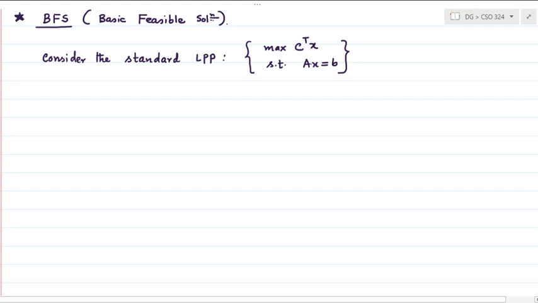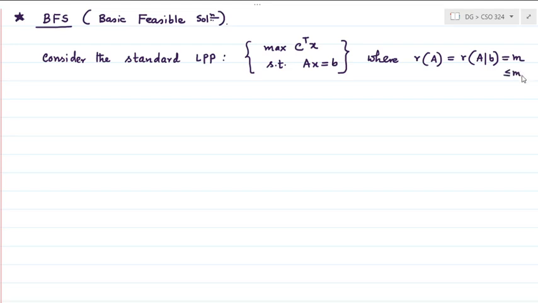The dimension of c is n, dimension of A is m by n, and the dimension of b is equal to m. All are usual, and also we are under the assumption that the rank of A and rank of the augmented matrix is equal to m, the full rank, and also assume that m is less than n. Number of equations are less than or equal to number of variables.